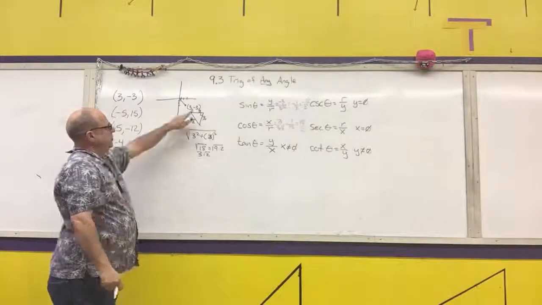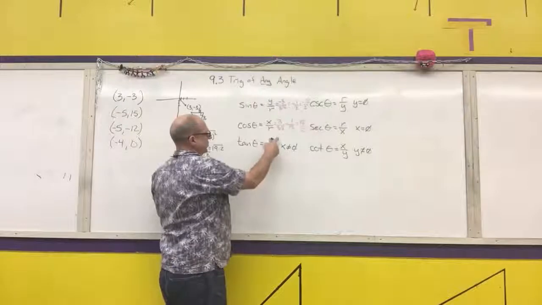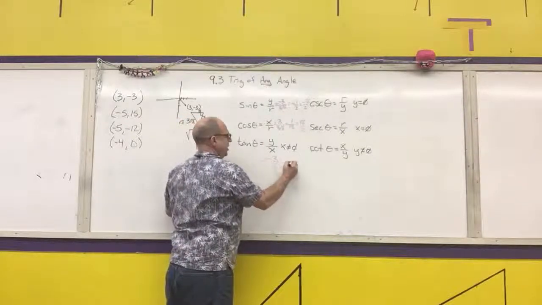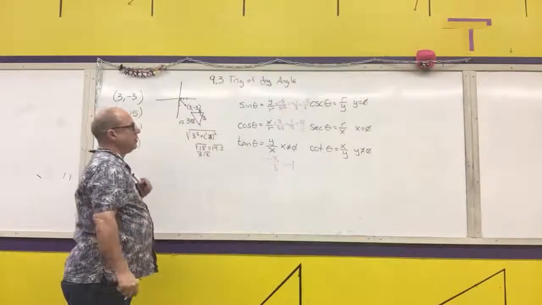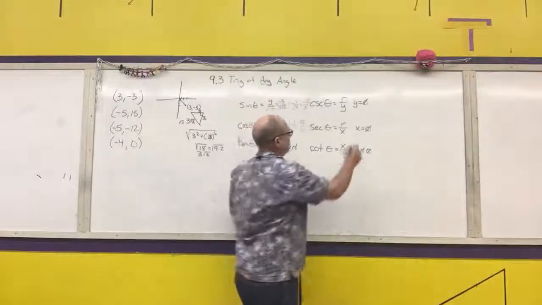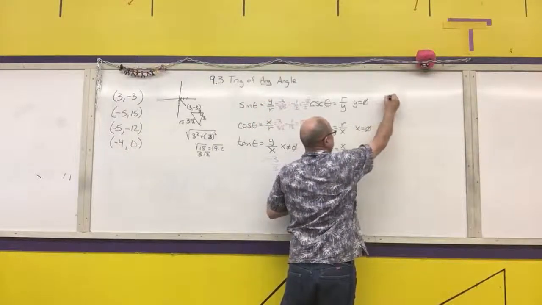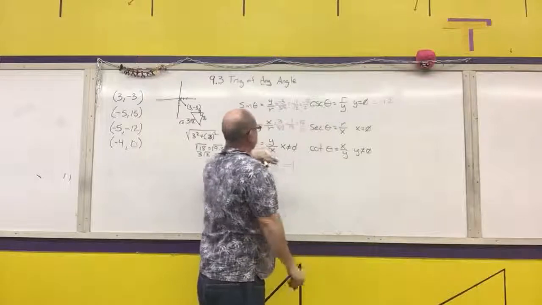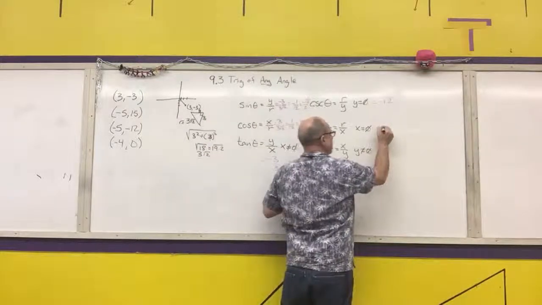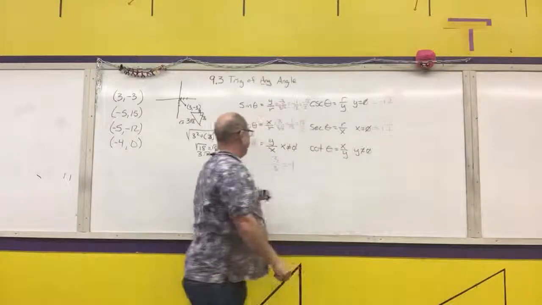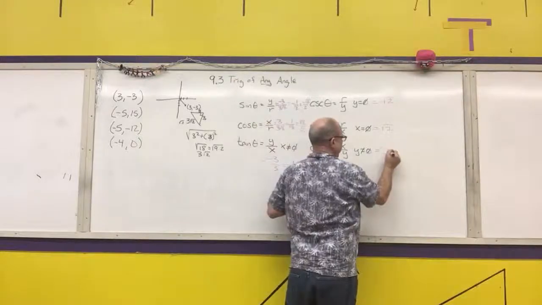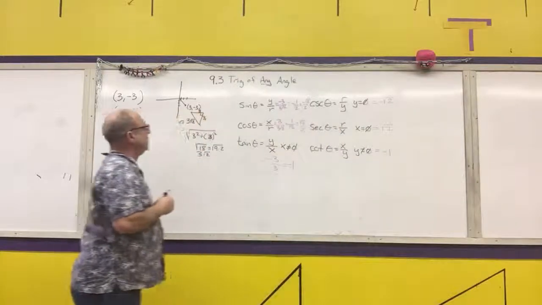Tangent is y over x, which is -3 over 3, which gives me -1. Cosecant, I'm going to take this version of it and reciprocate it, which is going to give me negative square root of 2. For secant, take this version, reciprocate it, and I get the square root of 2. And for cotangent, reciprocate -1, and I get -1.